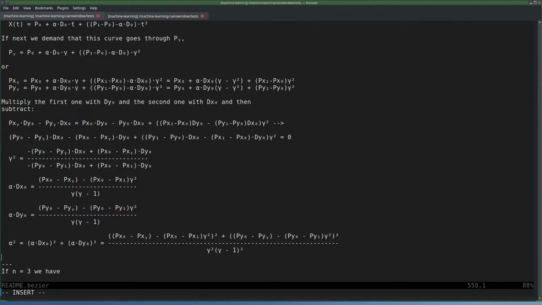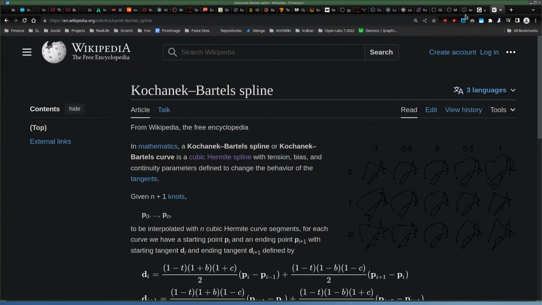So this square here, this thing is actually equal to this squared minus 2 times this times this plus this squared times gamma to the power 4.